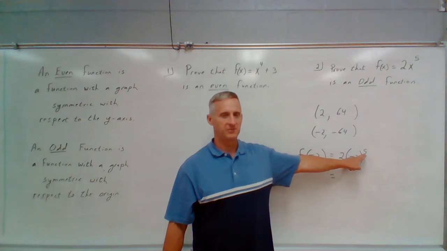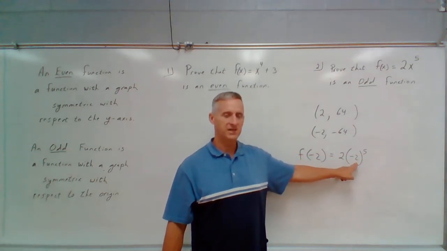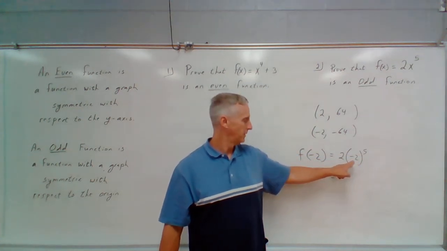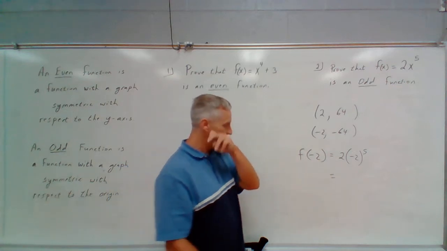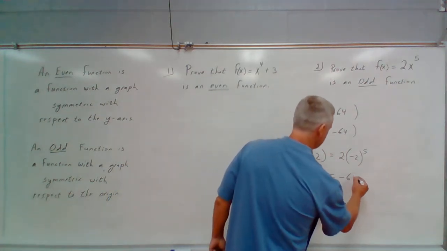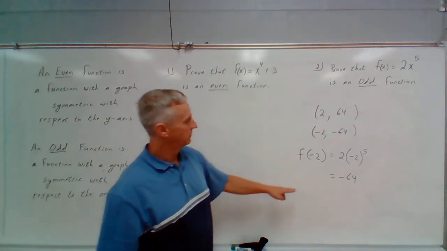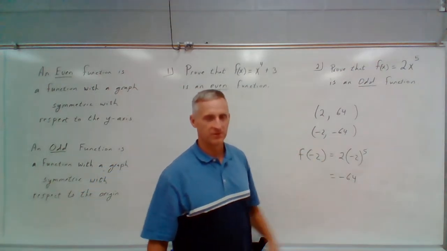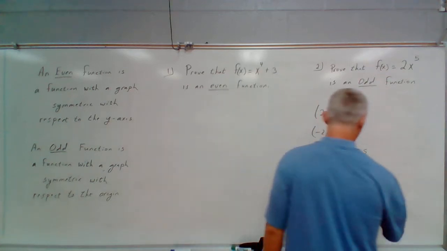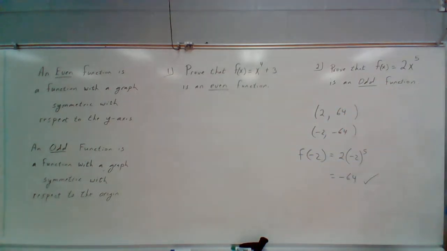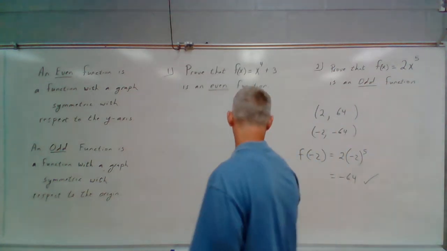Negative 2 to the 5th would be negative 32, times 2 would be negative 64. So that works. Let's prove it now.